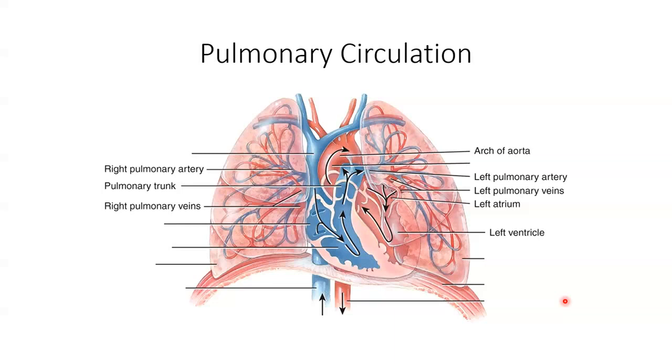This is the only exception. This is also important to remember if you're ever asked to describe the difference between an artery and a vein. You must say that our arteries carry blood away from the heart, because it's not always that they carry oxygenated blood, as we can see here, and our veins carry blood back towards the heart.